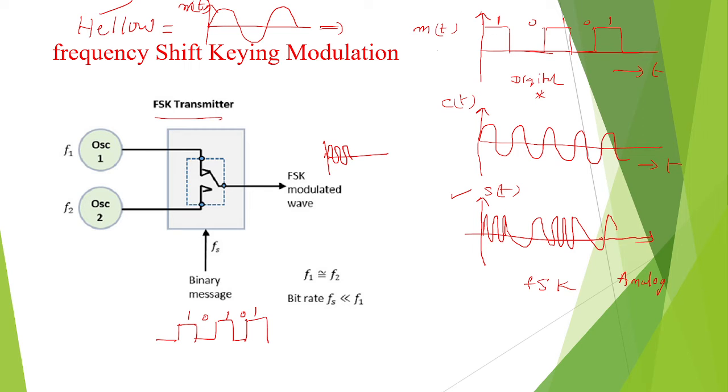When the binary input signal is 0, the switch is connected to oscillator 2 and it generates another frequency. Again, when the binary input is 1, it generates the high frequency. Like this, the frequency is shifting according to the message signal. To transmit long distance communication, we go for FSK, frequency shift keying.